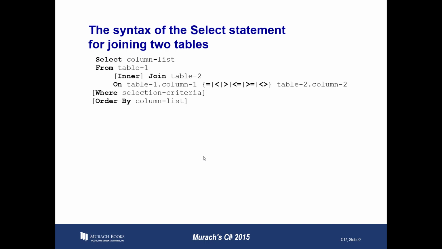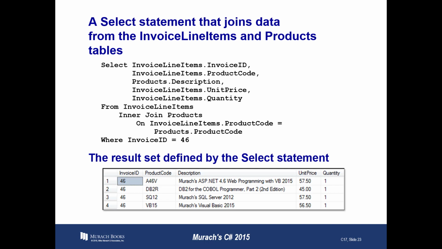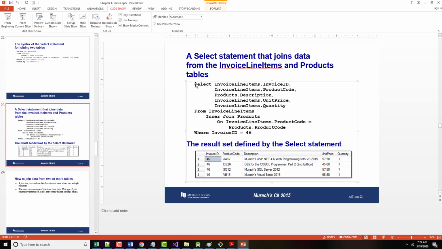So here's the syntax for joining two tables. Now, when you start to look at that, you're like, oh my gosh, I'm never going to get this. All right. Well, let me show you if I could. Can I grab this? I should be able to, though.